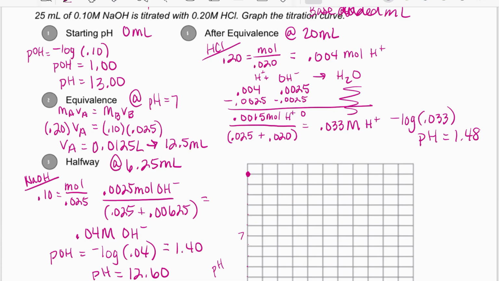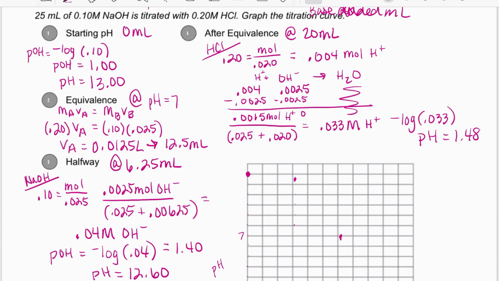My equivalence at 12.5 is at 7. My halfway point, which is at 6.25, was at 12.6, so like here.